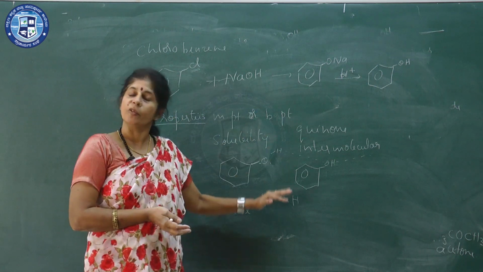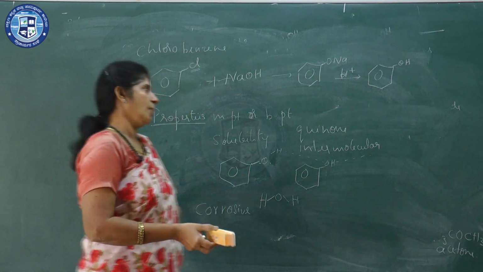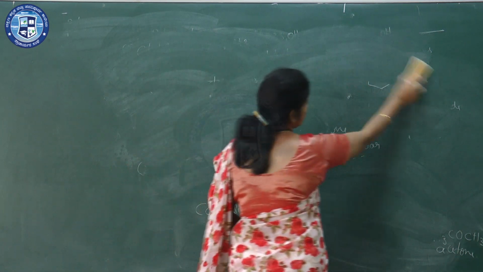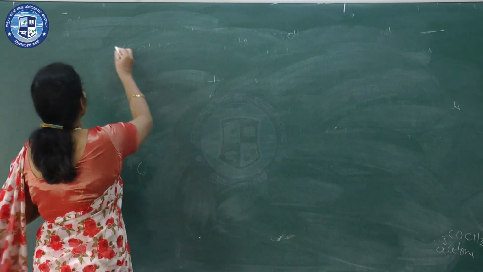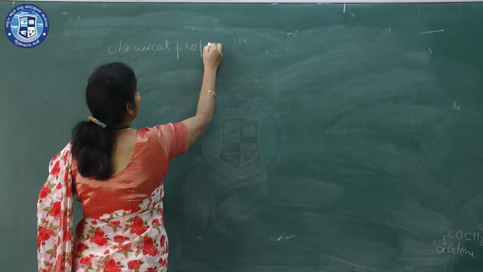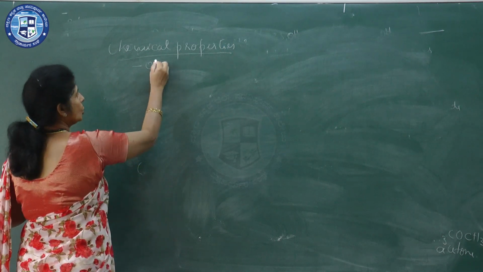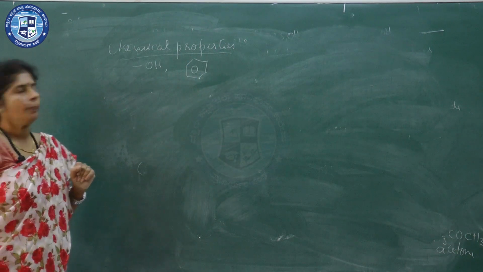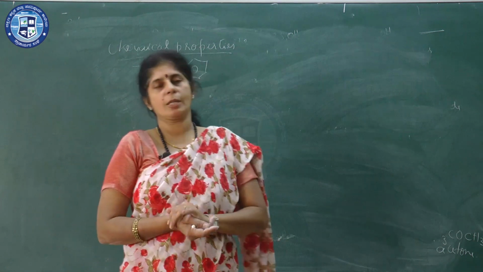Okay, this is only the physical properties. Now, let us go for the next one, chemical properties. That is, the reactions involving the OH group and the reactions involving the ring structure.